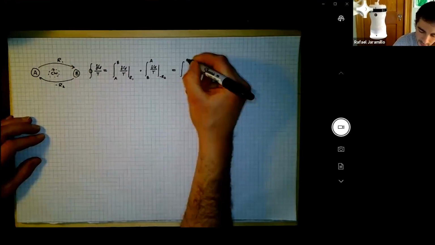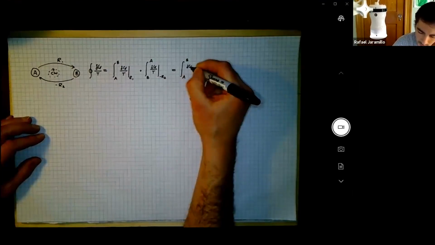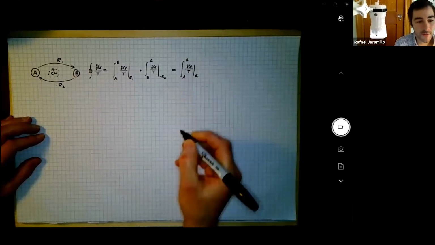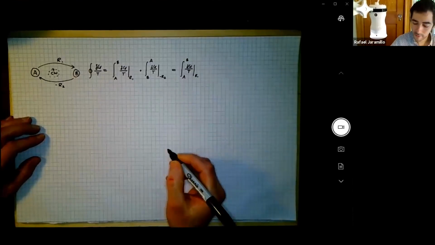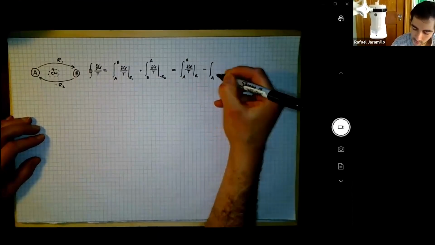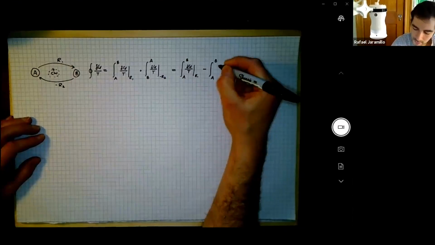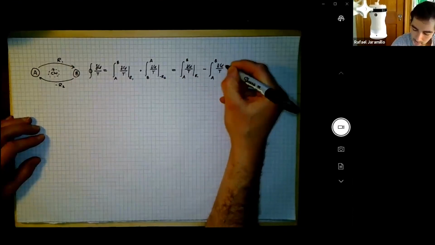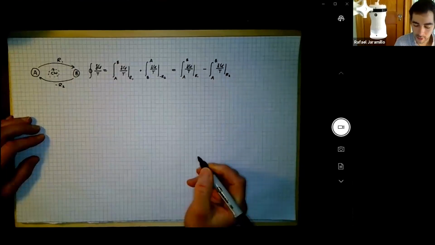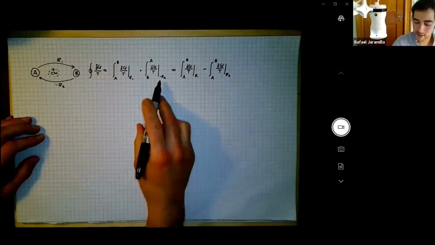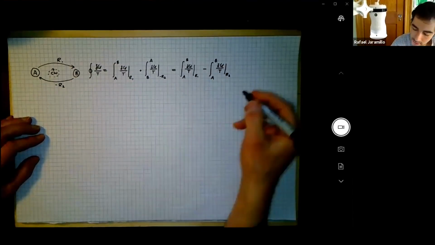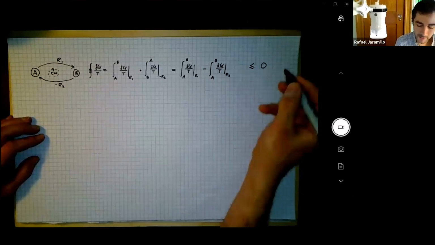I'll just copy the first term. And by virtue of the fact that path R2 is reversible, going backwards along path R2 is just the opposite of going forwards along path R2. And by Clausius' theorem, we know this is less than or equal to 0.